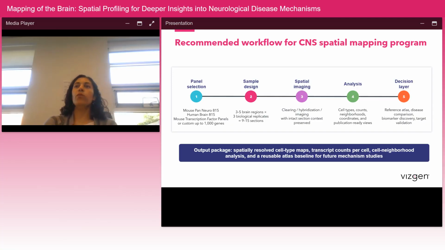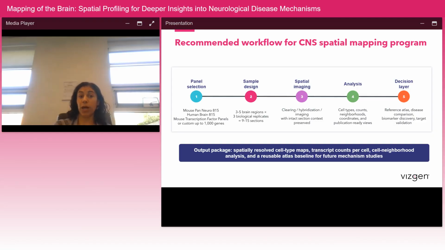So the overall MERFISH or spatial biology mapping process always starts with panel design. And I will talk a little bit more about how that works on the MERSCOPE platform. Vizgen is uniquely flexible when it comes to panel selection. We have a series of pre-designed panels. The neuroscience ones are highlighted here.